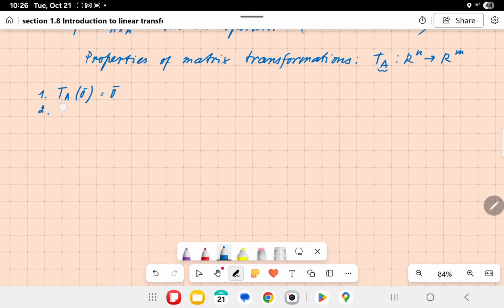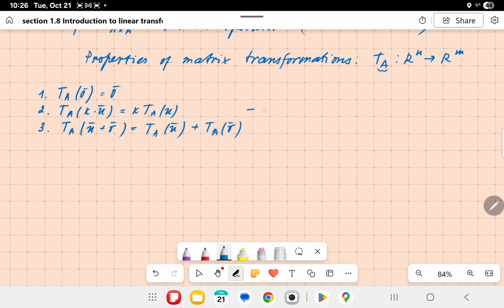What is the transformation of a vector multiplied by a scalar? Well, we know that we can take the scalar outside of the matrix and put it just outside, right? Number 3, if we take the sum of two vectors, because of matrix multiplication you can distribute it onto the first one and onto the second one.